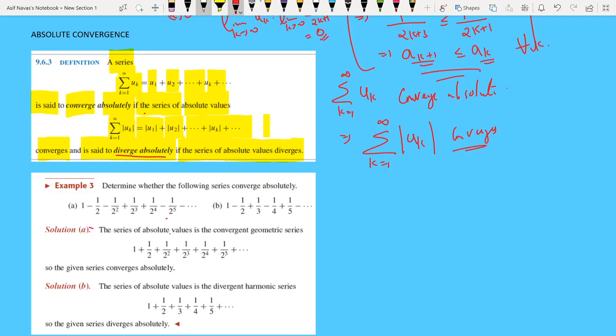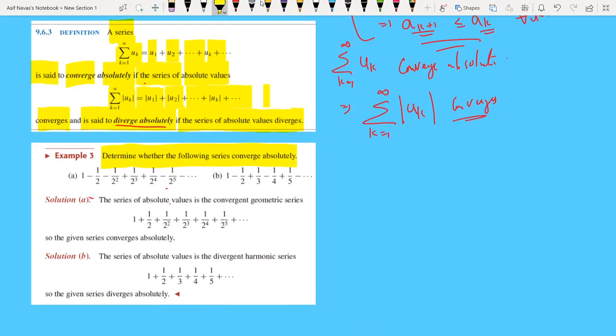So we will take an example. Determine whether the following series converges absolutely.